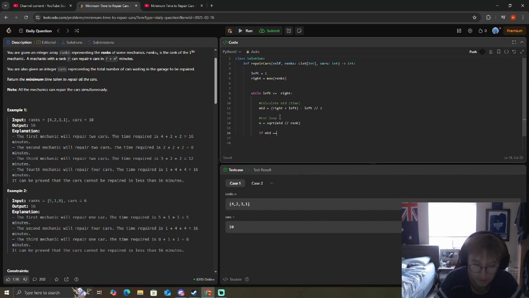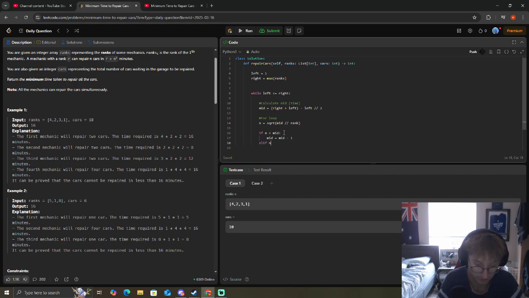We could do if mid is less than, because n is technically going to be the sum, so if n is less than mid, right, then we have to move our mid pointer: mid is equal to mid minus 1.